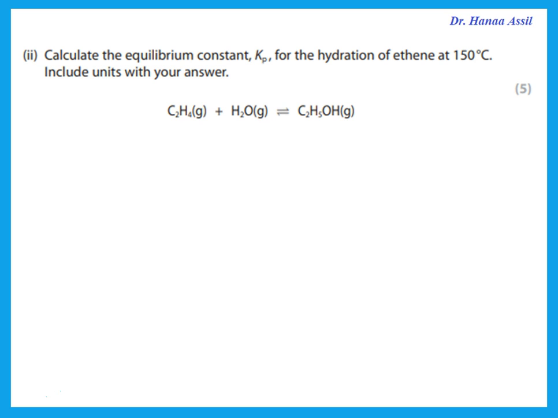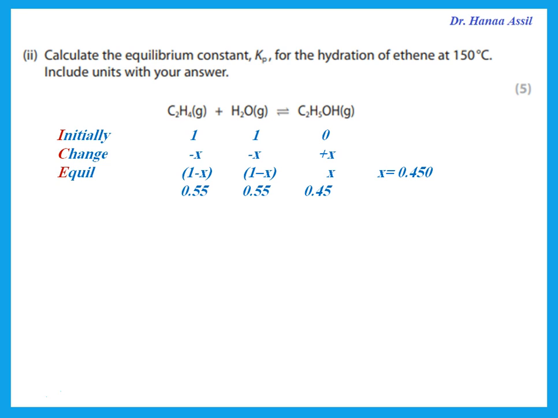We have this reaction. He told me that initially I have 1 mole of reactants, none of the ethanol. And I should know that the change that happens is minus X from the C2H4, minus X from the water, and X moles of ethanol is formed.